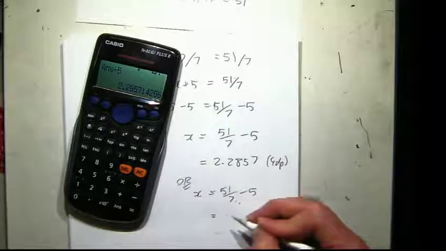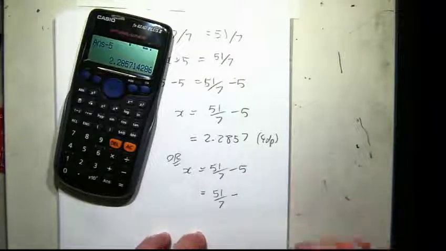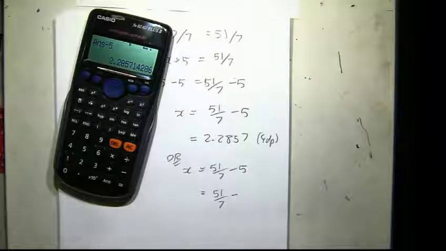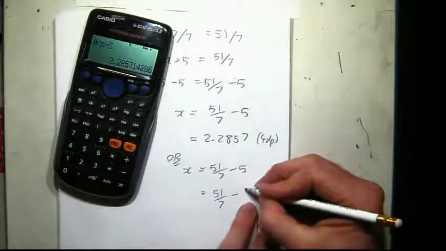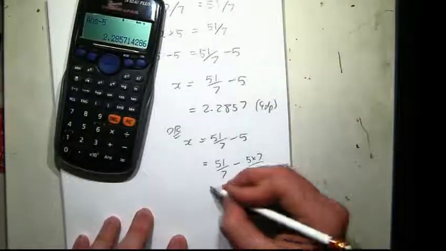Or I would have to put it all over a common denominator, which is not fun. They need to have 7s on the bottom to be able to subtract them, because you're not allowed to subtract fractions unless the bottoms are the same. So I could do this 5 as times 7 divided by 7, so that it has a 7 on the bottom.